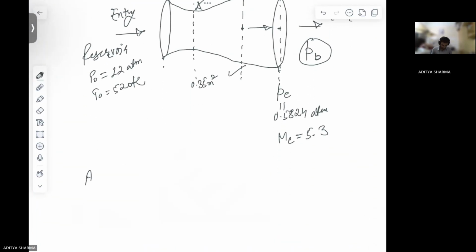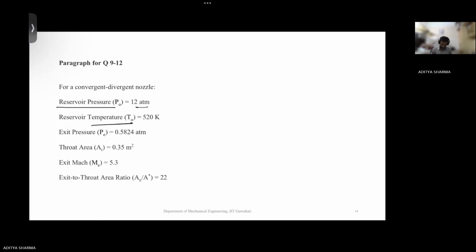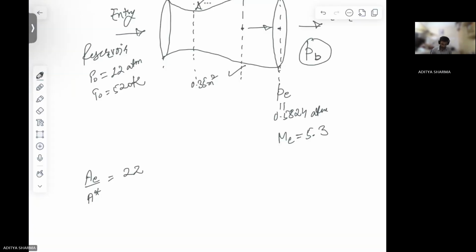So AE by A star is given as 22. So this is there. Then coming on to questions.